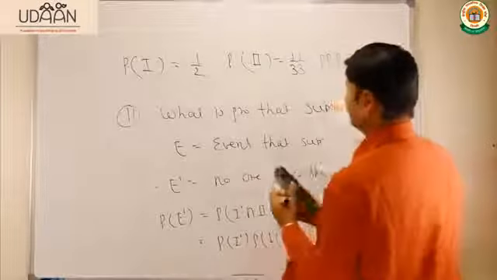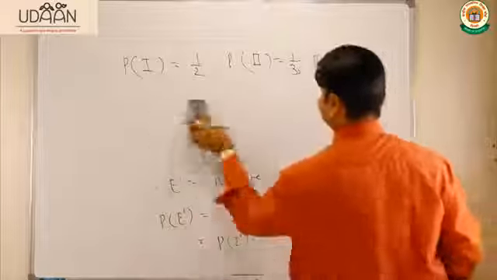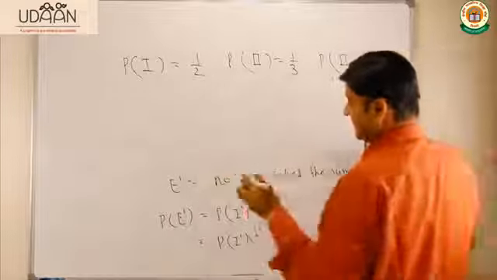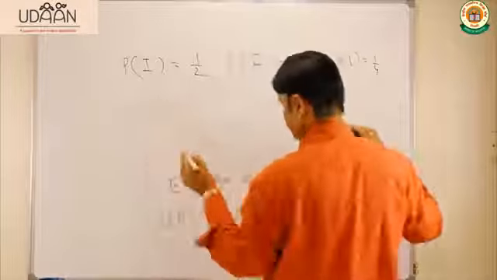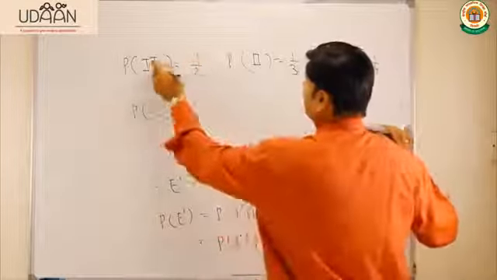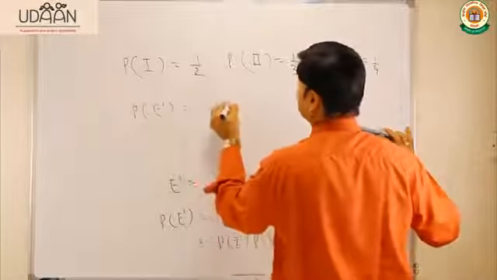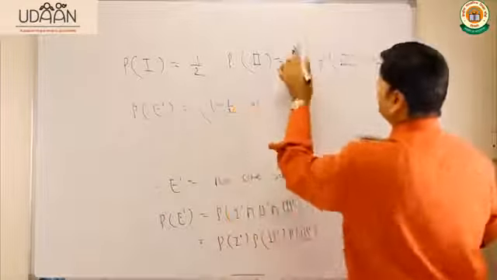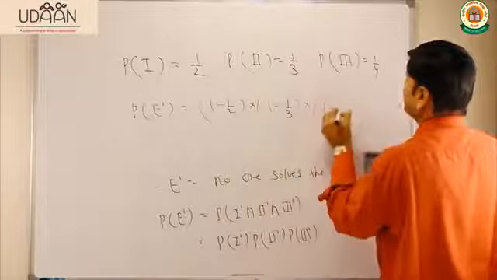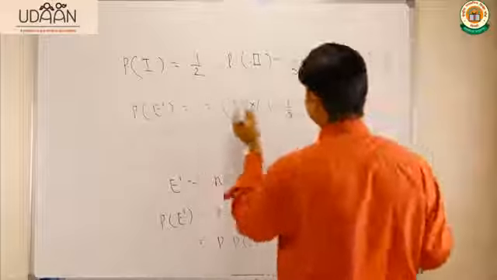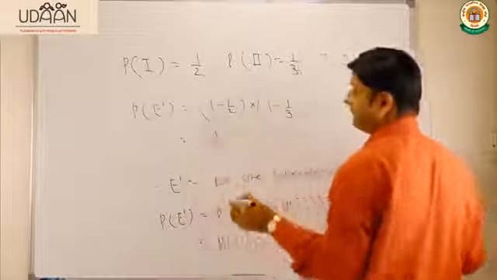Substituting the values, P of E complement is 1 minus 1 by 2, into 1 minus 1 by 3, into 1 minus 1 by 4. On solving, you get 1 by 4.